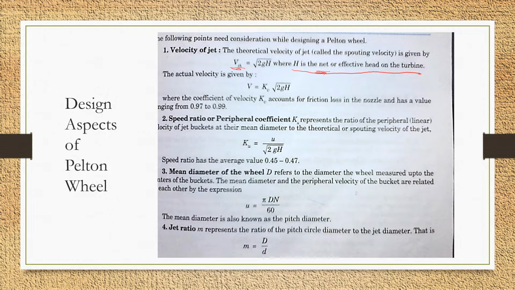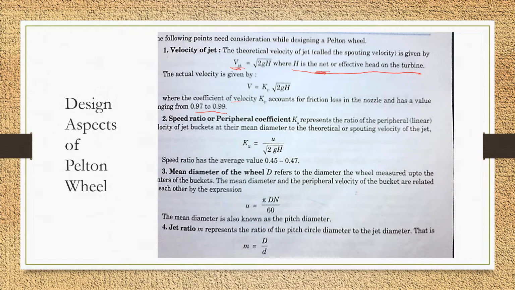To calculate the actual velocity, we calculate it as V equal to kV into under root of 2gH, where kV is the coefficient of velocity. Its value is between 0.9 to 0.99.